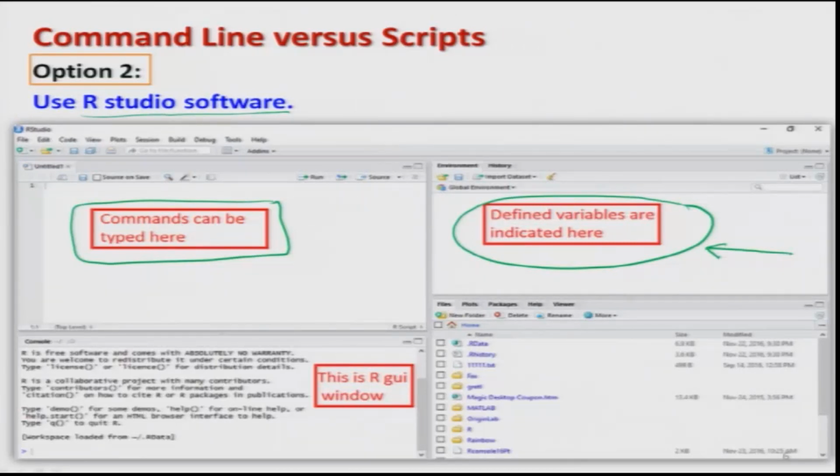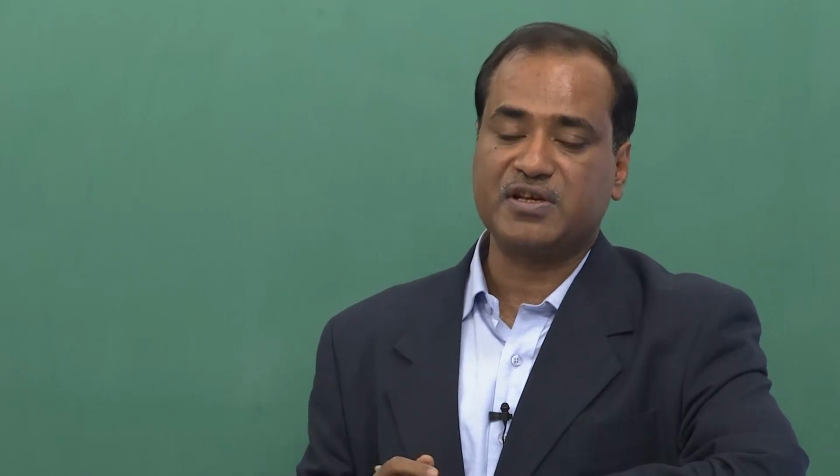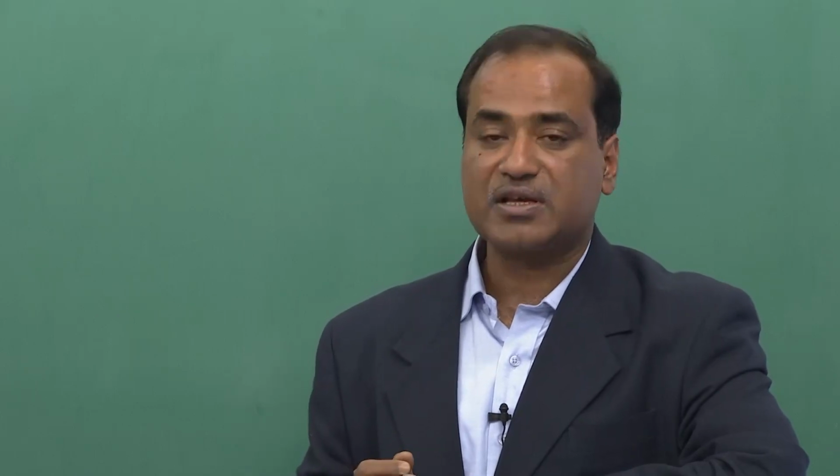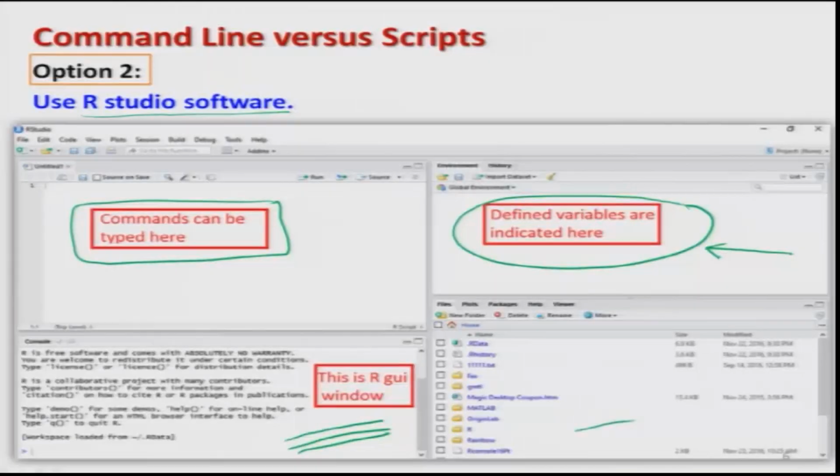The third window is a very familiar window. This is nothing but your R graphical user interface window. This is the same window which we obtain when we double click on the R icon or when we start the R software separately. Now there is another window here, the fourth one.